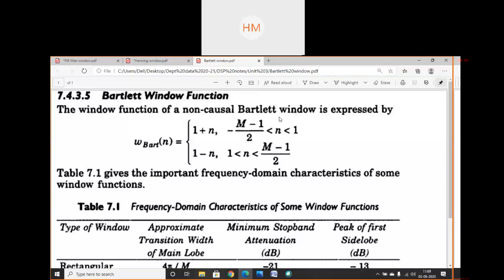It is defined for the non-causal case only. It is given by 1 plus n and 1 minus n, and the limits are this.